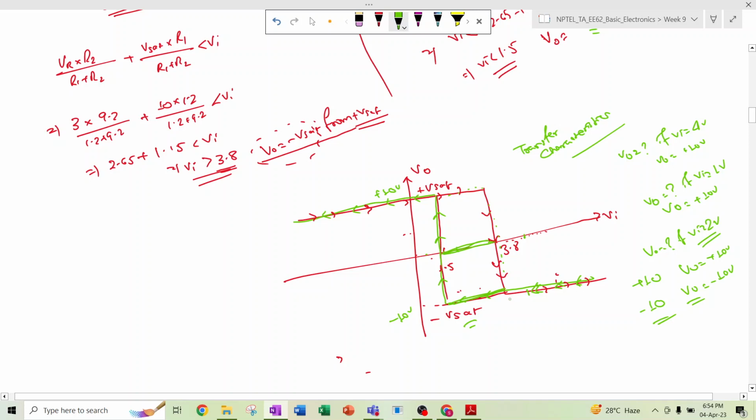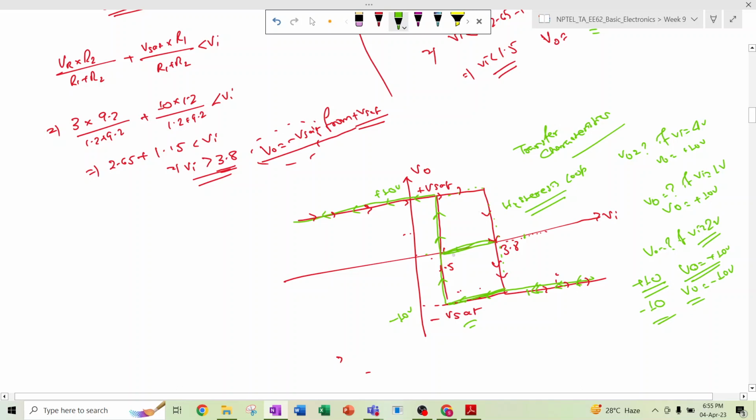If previously it was plus 10 volt, it will hold that condition. In between 1.5 to 3.8 volts, the output depends only on whatever it was in the past. So this is known as the hysteresis loop, and this is the basic memory element. We can use the Schmitt trigger as a memory element.